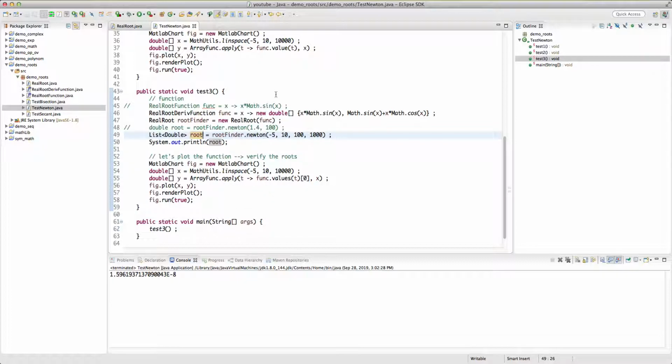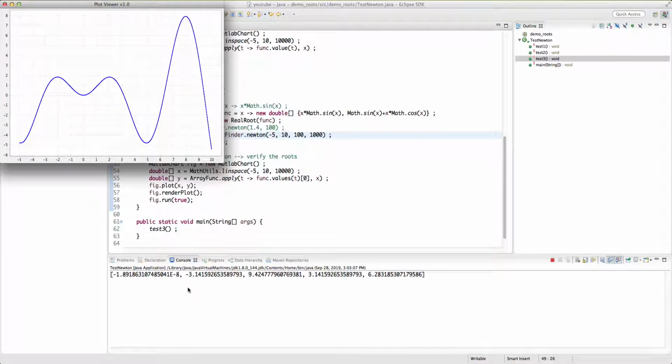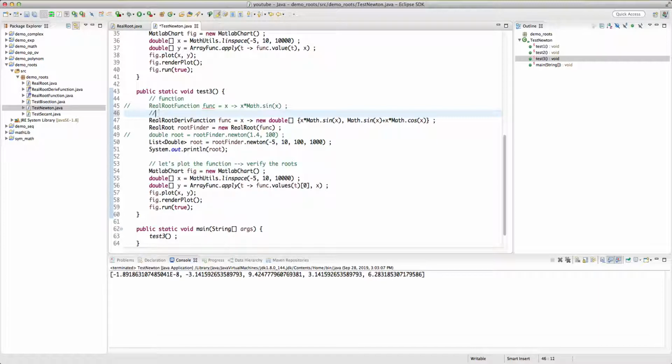We don't need to make it plural. Yes, it can find all the roots: 0, -pi, 3pi, pi, and 2pi. As you can see here, I'm passing it the function f and f prime. So maybe let's just write it here as a comment: analytically defining f of x and f prime of x.